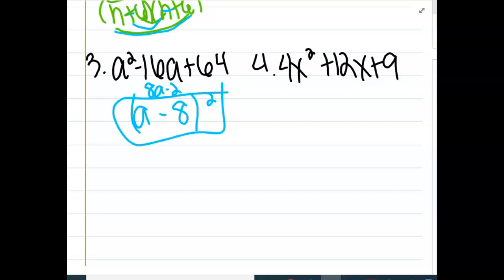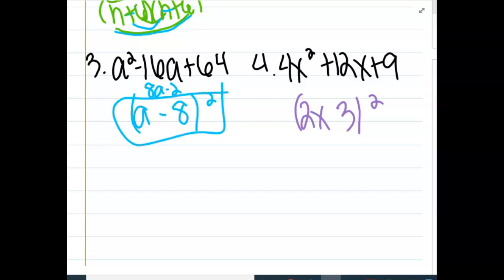So as soon as I see that there's 3 terms, you have a square in front, 4x squared, and a square in back, 9. What squared gives me 4x squared? 2x. What squared gives me 9? 3.